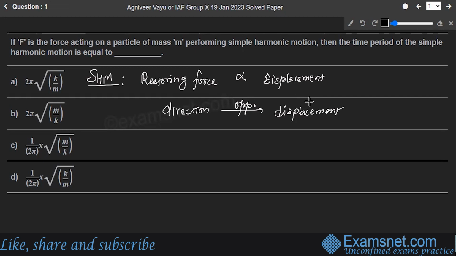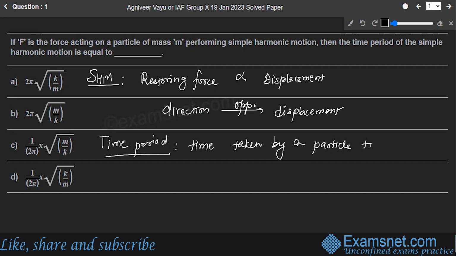And if we talk about the time period, the time period is the time taken by a particle to complete one revolution.